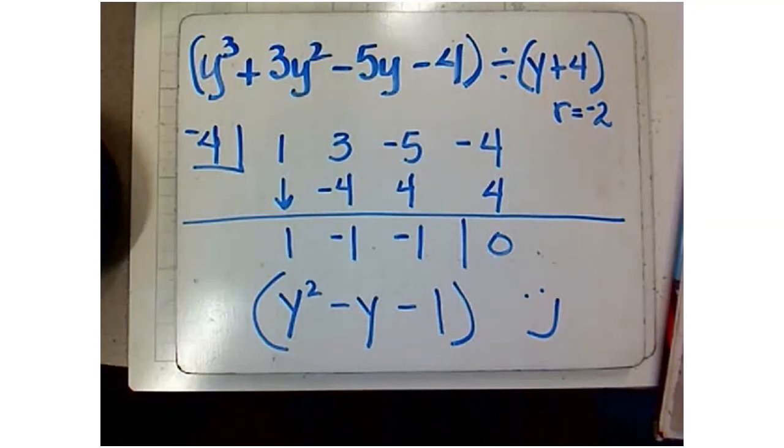What do you get? -4. Put that underneath the 3. Now what did you get after you combined 3 and -4? -1. Write a -1 under the -4. Now multiply -4 times -1.